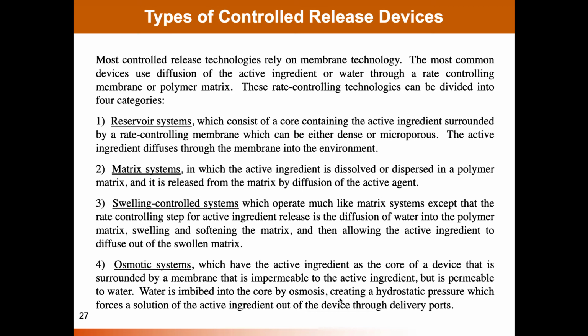There are swelling control systems, and these are ones in which you would put an active agent into a polymer matrix, and where inherently that active agent will not come out of the polymer matrix until it comes in contact with an external agent, and that could be water, it could be pH sensitive.